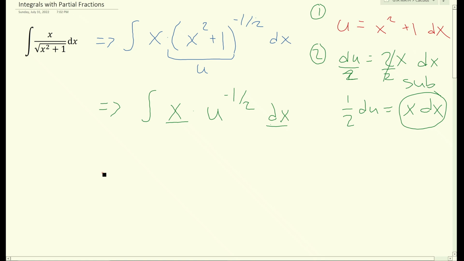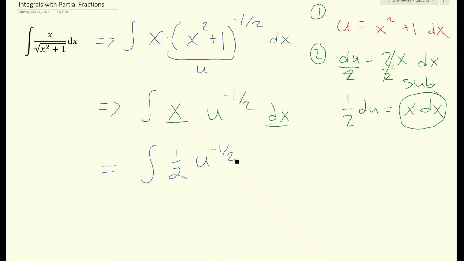Now we're going to rewrite this, and we're going to have this integral symbol, and we're going to have 1/2 here, and we're going to have our u to the negative 1/2. And now this is all in terms of du, because we're taking the derivative in relationship to u instead of x now.